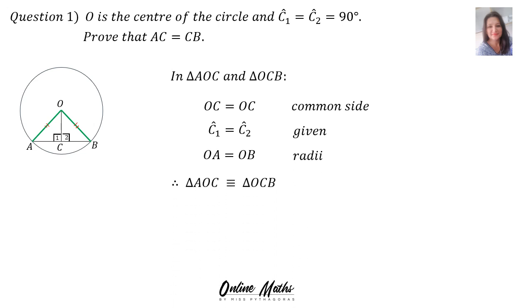Therefore, we can say that triangle AOC is congruent to triangle OCB, and our reason RHS, right angle, hypotenuse and side. And then, because of the congruency, we can say that AC is equal to CB, and your reason, because of congruency.